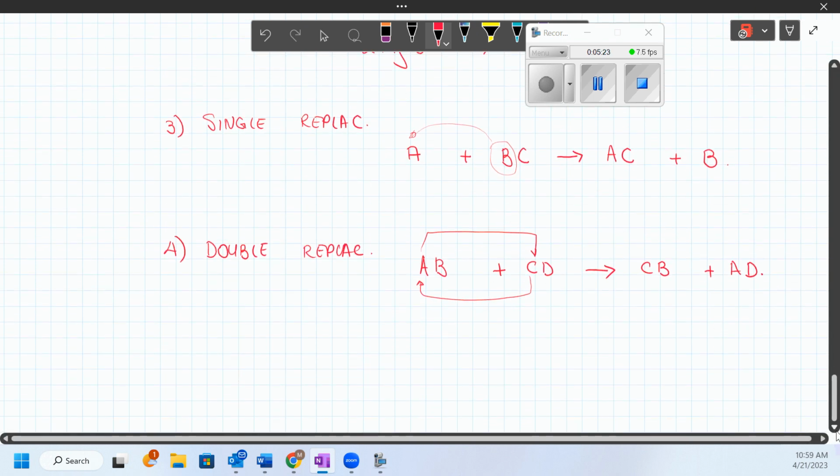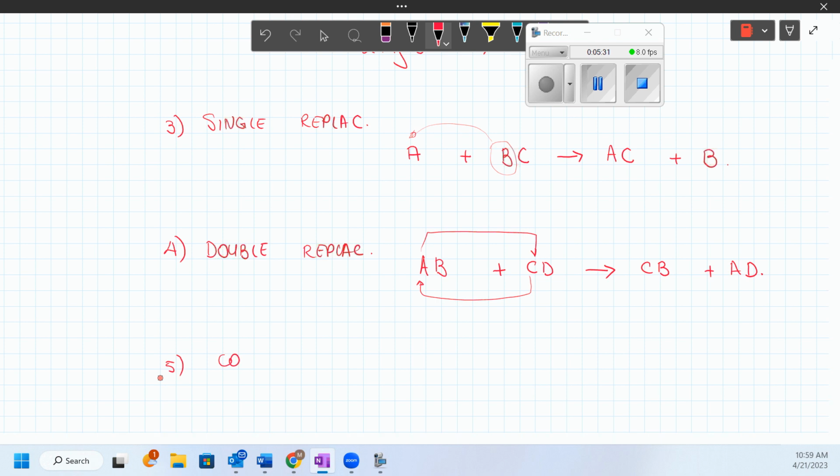And the last type of reaction that we deal with a lot is known as the combustion reaction. During combustion reaction, what is happening? There are two types of combustion reaction: incomplete combustion and complete combustion.